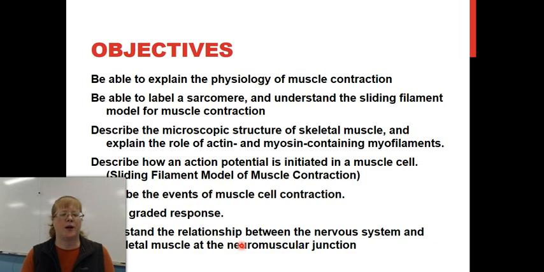Certain vocabulary that we're going to be talking about, like the sarcomere, the sarcolemma, and so on. There's a point where we're going to be talking about a variety of different types of proteins, like actin and myosin, and the troponin complex and tropomyosin, and how they interact in the sliding filament of muscle contraction.